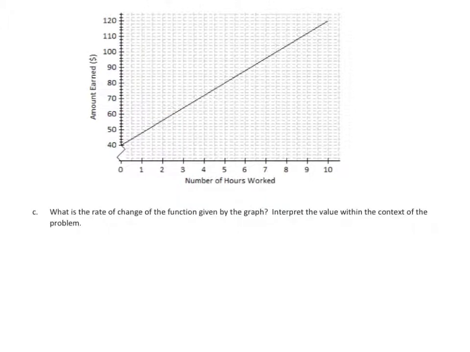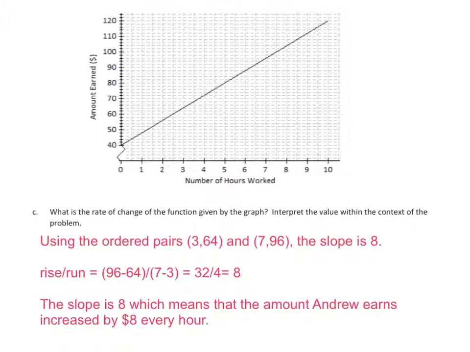Part C. What is the rate of change of the function given by the graph? Interpret the values within the context of the problem. Using the information from Part A and B, I am able to calculate the slope.